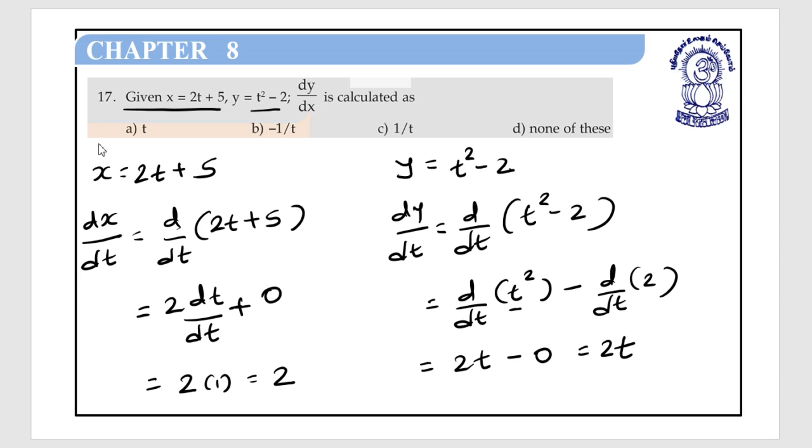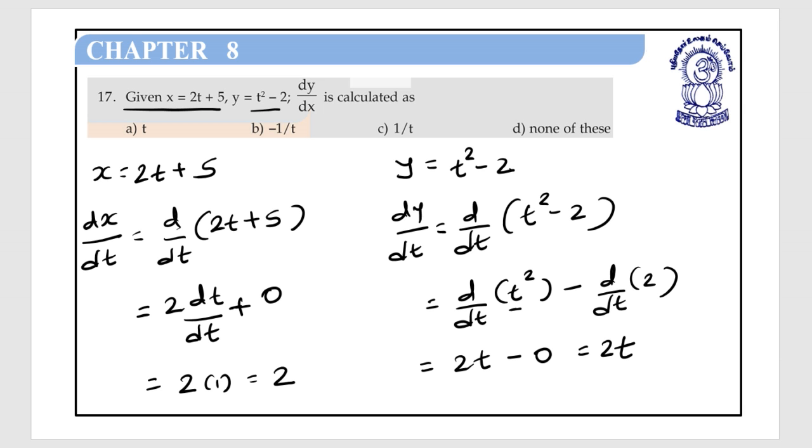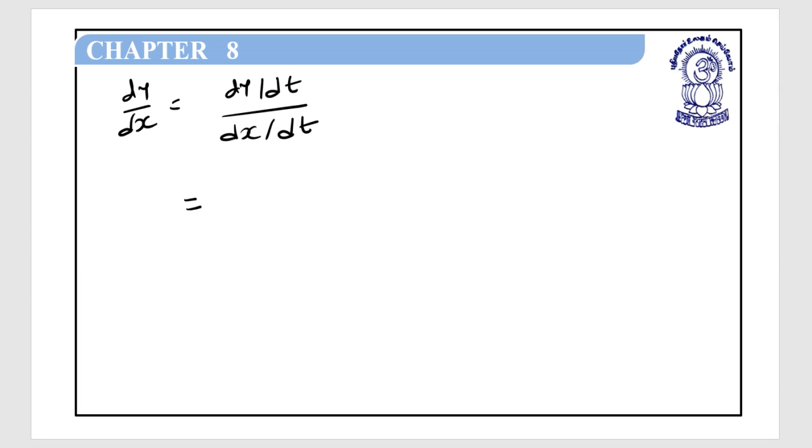Here we have to find out dy by dx. So dy by dx is equal to dy by dt upon dx by dt. dy by dt is 2t and dx by dt is 2. 2t upon 2, the 2 cancels, so it is equal to t.